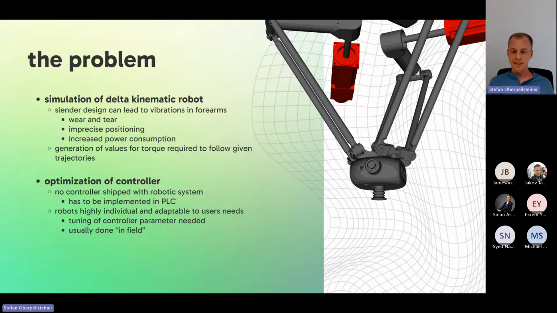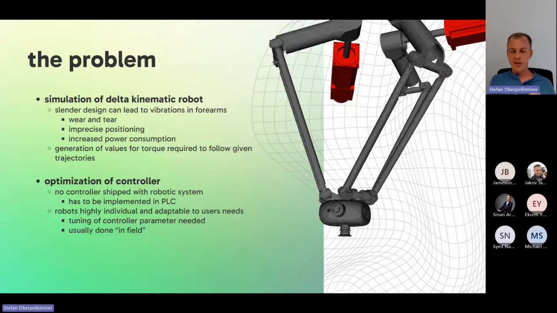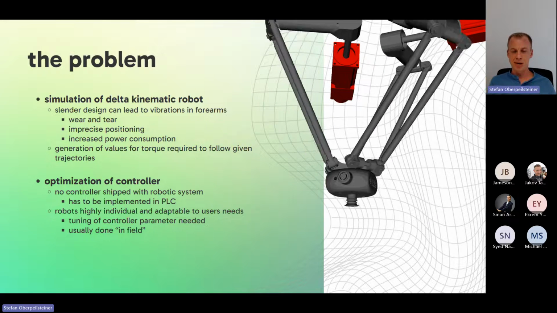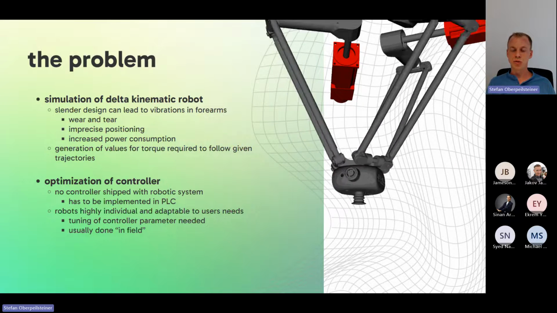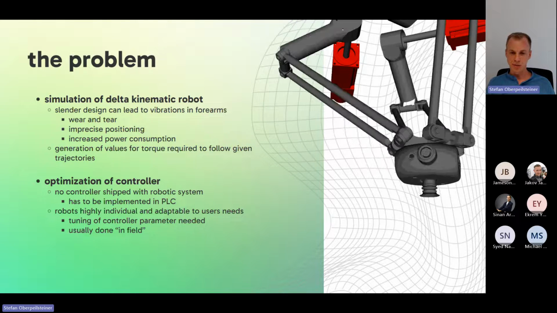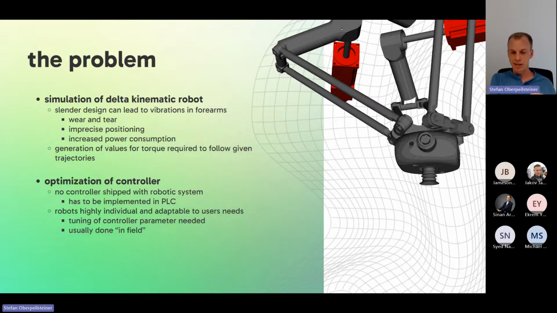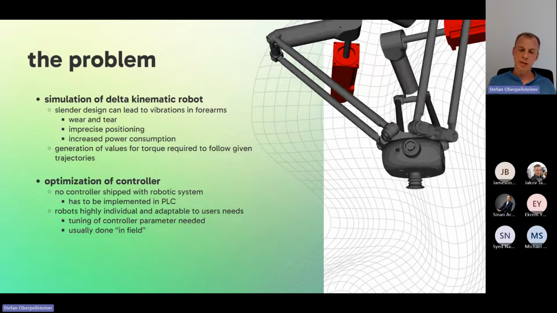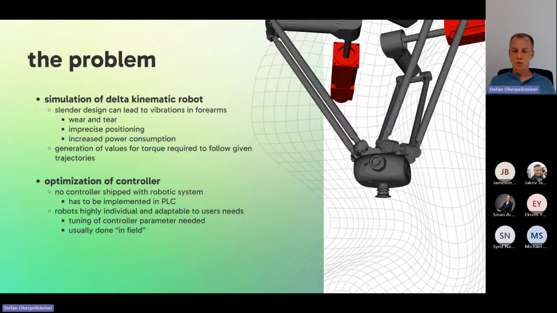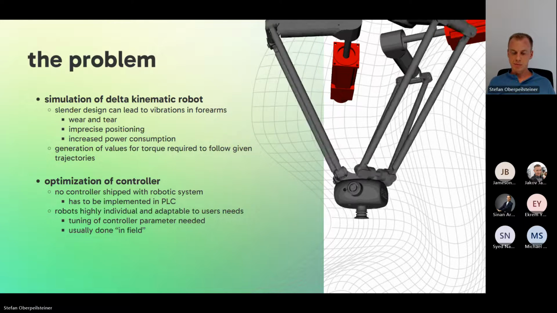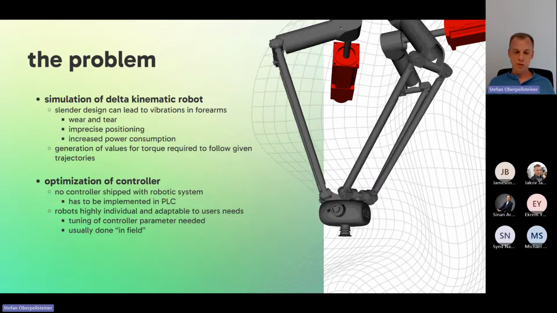In this case, as I said, the Autonox robots are very modular, so you can not only define the kinematics, so the length of the arms, etc., but also choose the drives you want to apply onto the robot. That's why it's important to know about the situation you are using it in, and also the forces and torques that are needed to do the job. So for generating these values or to decide which model to choose, this is also beneficial.